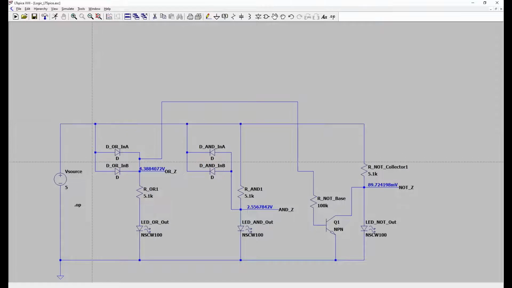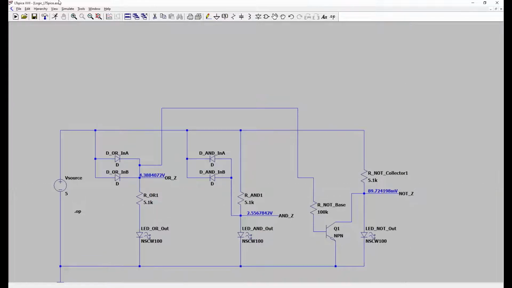With the OR gate both tied to high, we have an output that's high, which means that the output of the NOT gate should be a low. Which it is, slightly higher than the 90 millivolts when directly connected to 5 volts because of the diode drops here, but it's exactly what we were expecting.